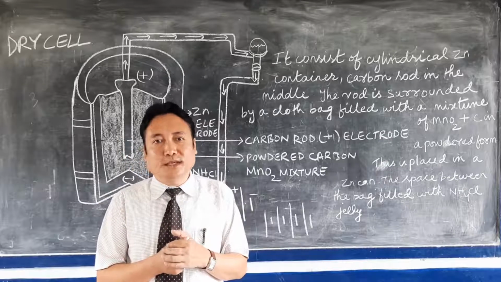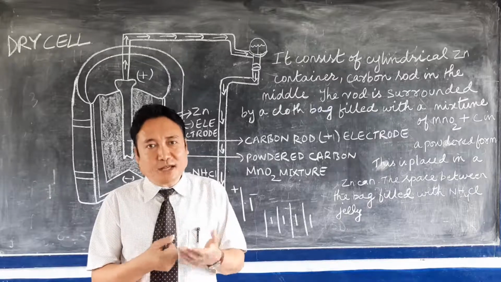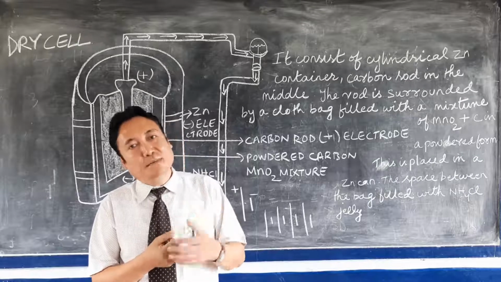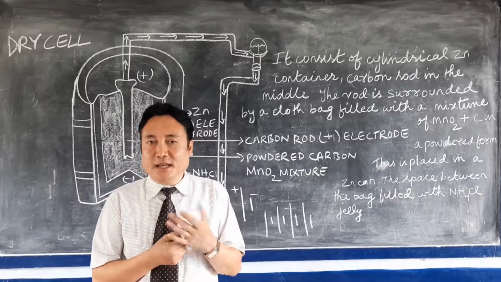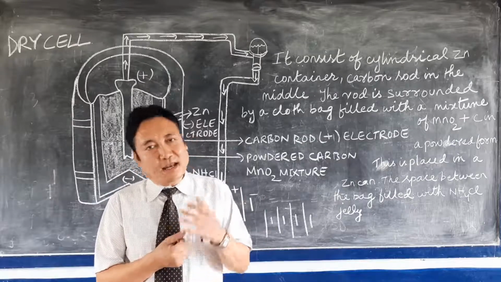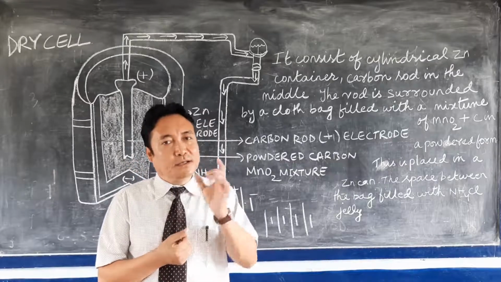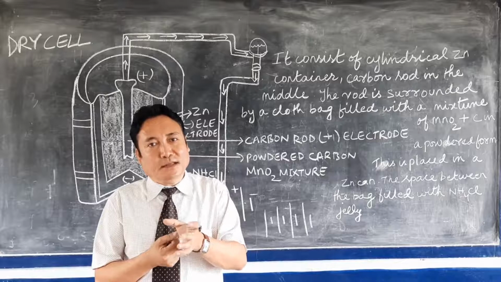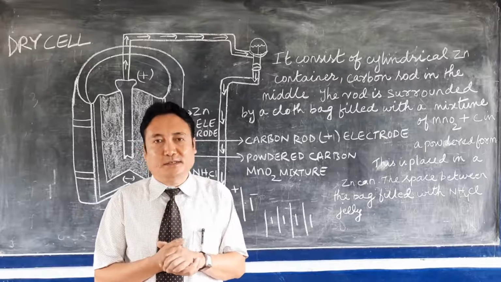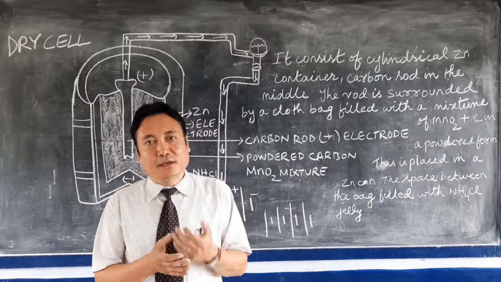Similarly, secondary cells are those cells which we can use again and again. After the chemical reaction gets over also, they can be recharged from another source of electricity and used again. For example, a mobile battery. The mobile runs on the battery, and when the battery comes down, you will recharge it.